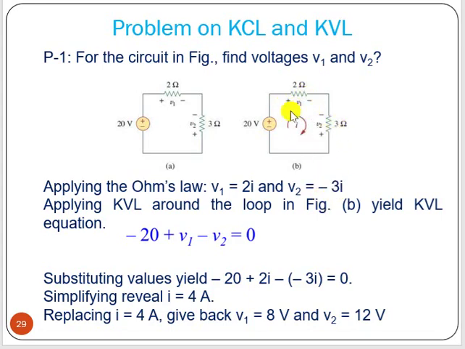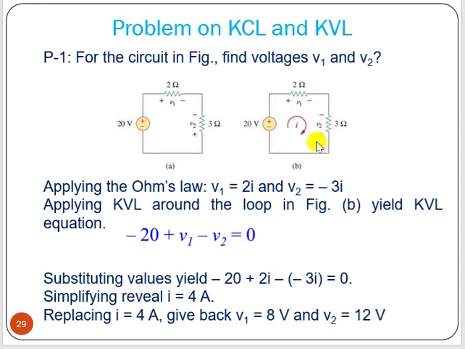Now, writing KVL, what can we write? Minus, it encounters minus to plus, so minus 20, then plus V1, then minus V2 equals 0, across the loop. Or else we can write voltage rise, drop, drop, plus, minus drop, minus plus rise.